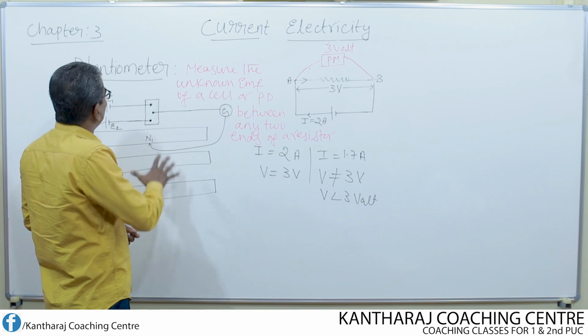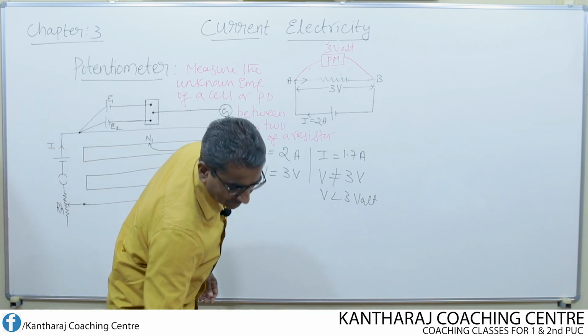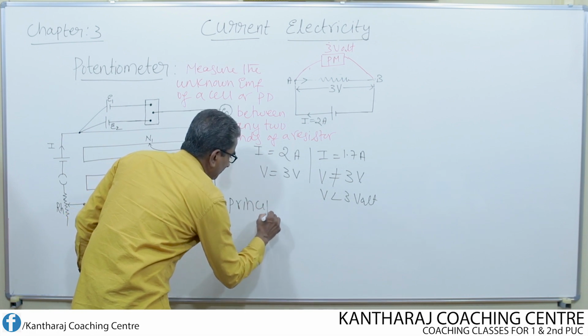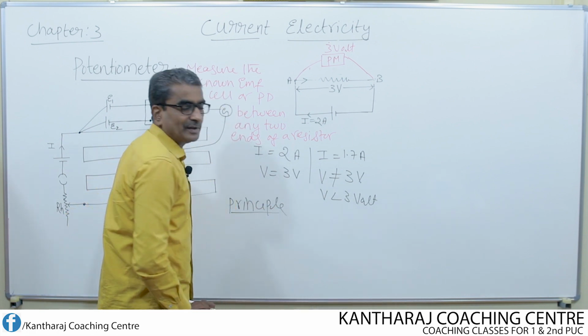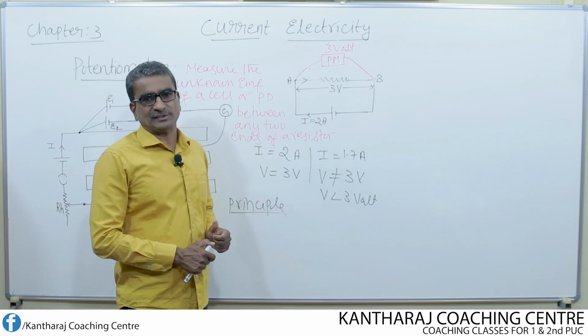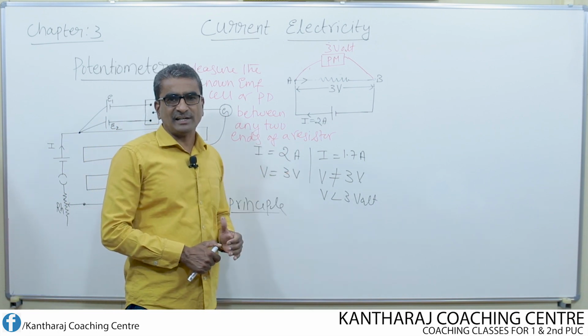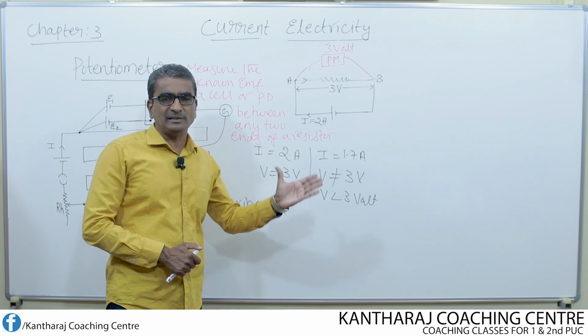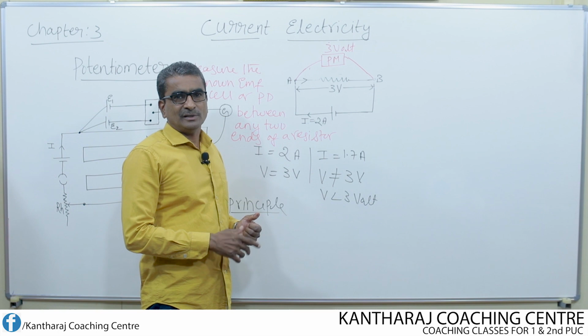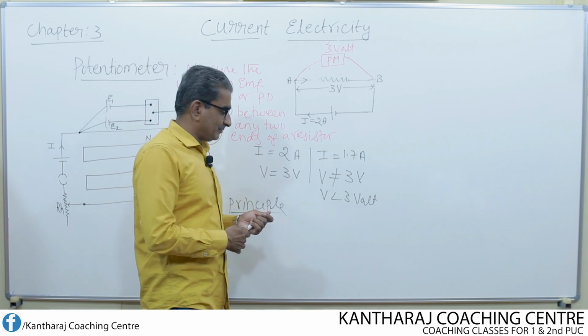Then what is the principle on which this potentiometer works? Potentiometer works on the principle that the potential difference between any two ends of a resistor is directly proportional to the length of the resistor. Or I can also put this in another form.